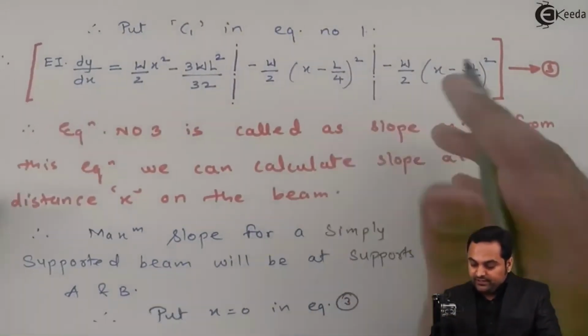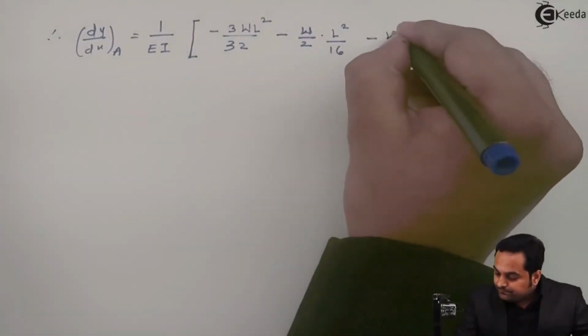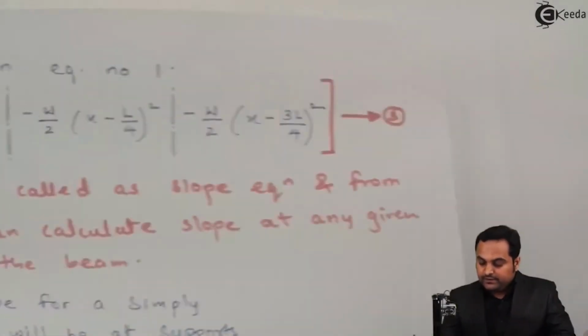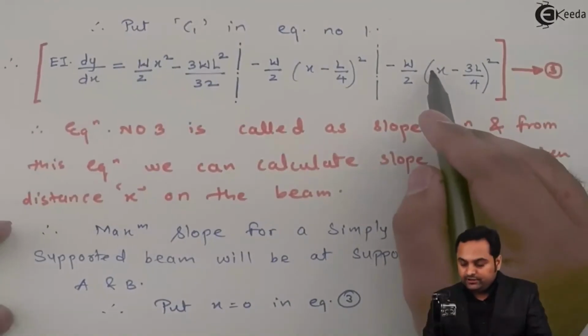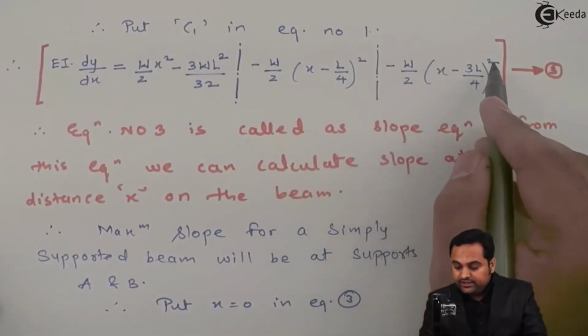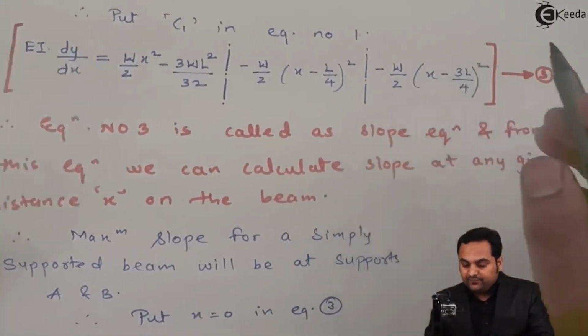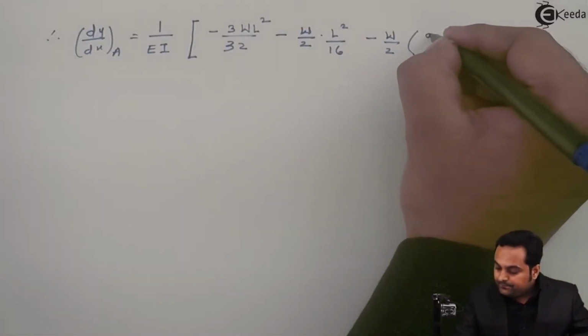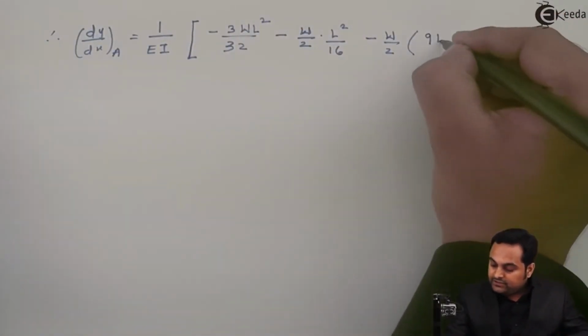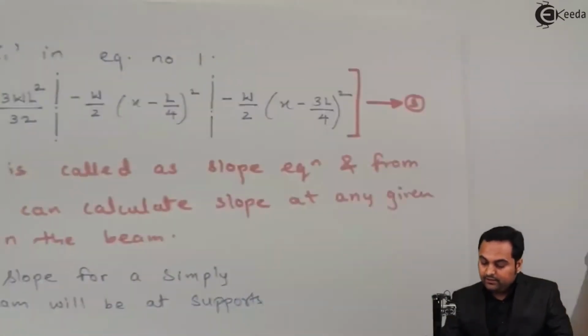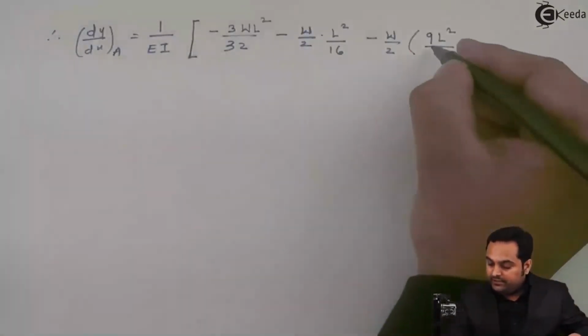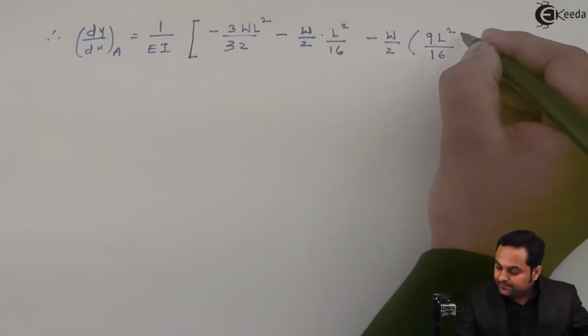Then here we have minus W by 2. X, if it is 0, here we have minus 3L. So 3 square, that becomes 9. L square by 4, that will be 4 square, that is 16.